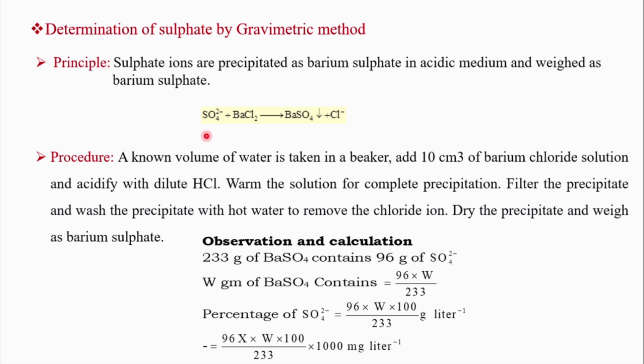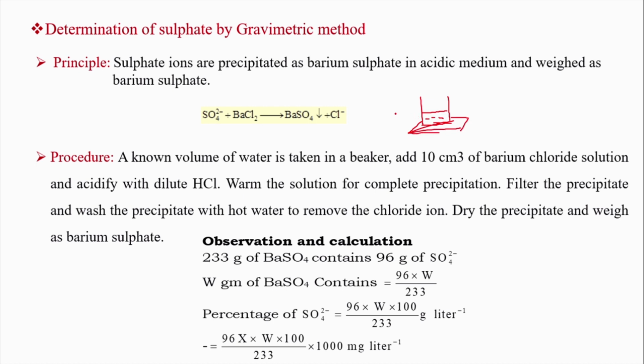So how do we obtain the precipitate? Let us see the procedure. In a beaker we need to take a known quantity of water sample, say 100 ml. It is kept for heating on a hot plate.